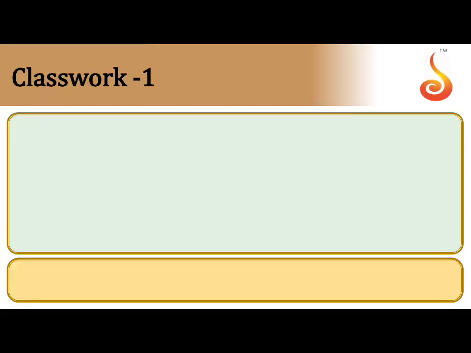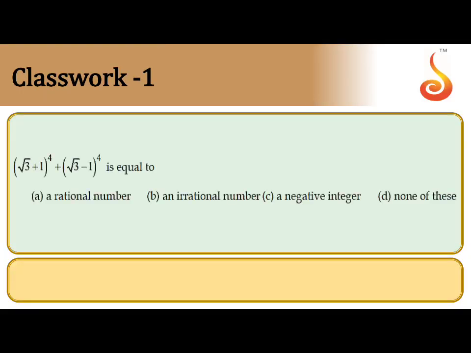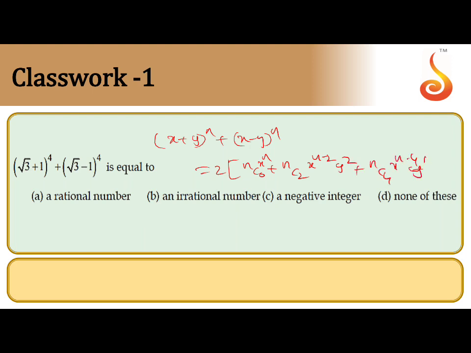So the first question of binomial theorem: root 3 plus 1 whole power 4 plus root 3 minus 1 whole power 4. Here you have to remember one thing. When you expand x plus y whole power n plus x minus y whole power n, this expansion is 2 times nc0 x power n, next nc2 x power n minus 2 y square, next nc4 x power n minus 4 into y power 4.